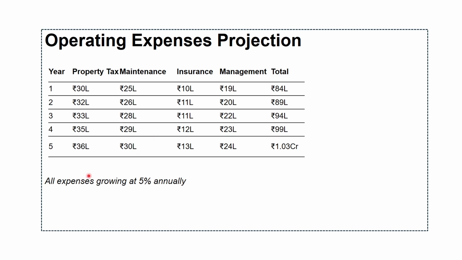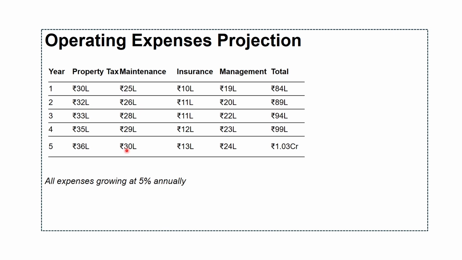Property tax starts at 30 lakh rupees in year 1 and increases by 5% annually, reaching 36.5 lakh rupees by year 5. Then we have a maintenance cost that begins at 25 lakh rupees annually and also grows at 5%, reaching 30.4 lakhs, around 30 lakhs.